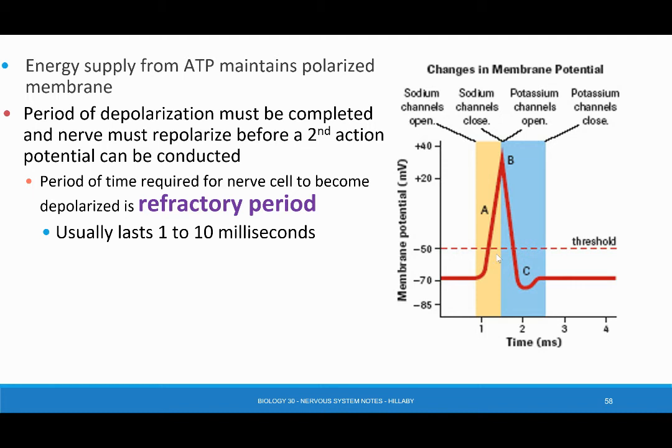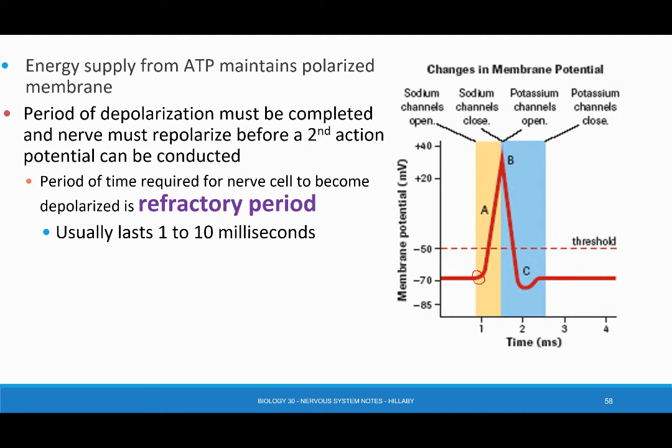The period of depolarization must be completed and the nerve must repolarize before a second action potential can be conducted. So the period of time required for a nerve cell to recover is called the refractory period, lasting anywhere from 1 to 10 milliseconds. And if need be, you could read this off the graph. I've seen it here where you measure from the beginning of depolarization.